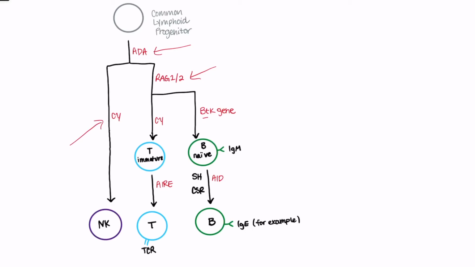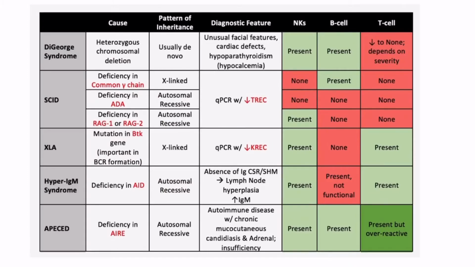All three of these things can lead to SCID, but they will result in varying levels of natural killer cells, T cells, and B cells. With a deficiency in common gamma chain, you're going to have an absence of natural killer cells and T cells because the common gamma chain is necessary for T cell and natural killer cell formation.